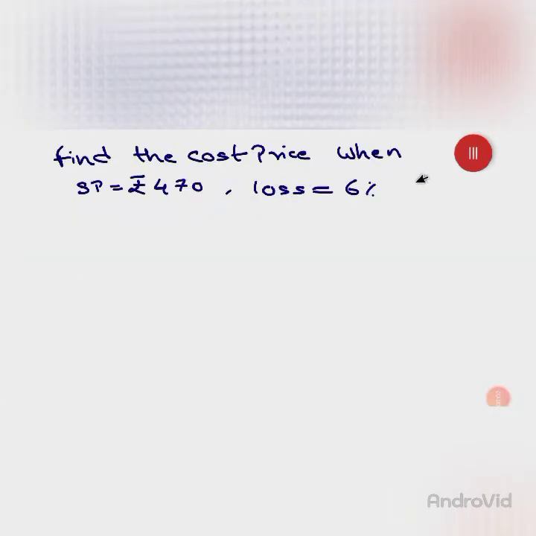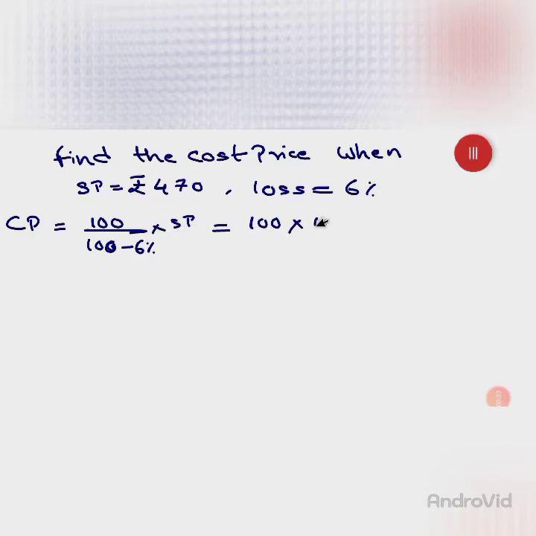Find the cost price when selling price is rupees 470 and loss is 6%. So here we find cost price, okay, which is equals to 100 by 100 minus loss percent into selling price, equals to 100 into selling price 470 divided by 100 minus 6 is 94.